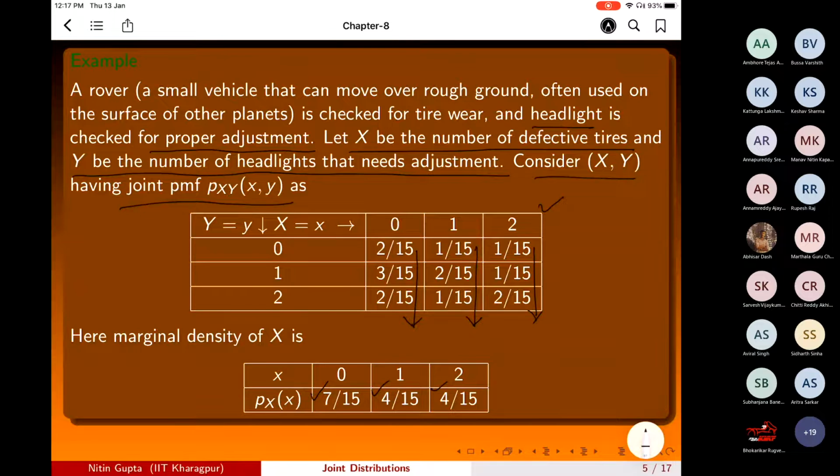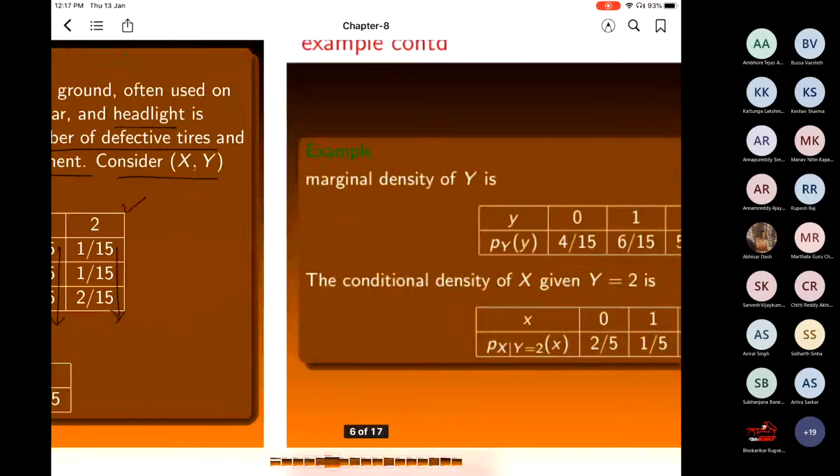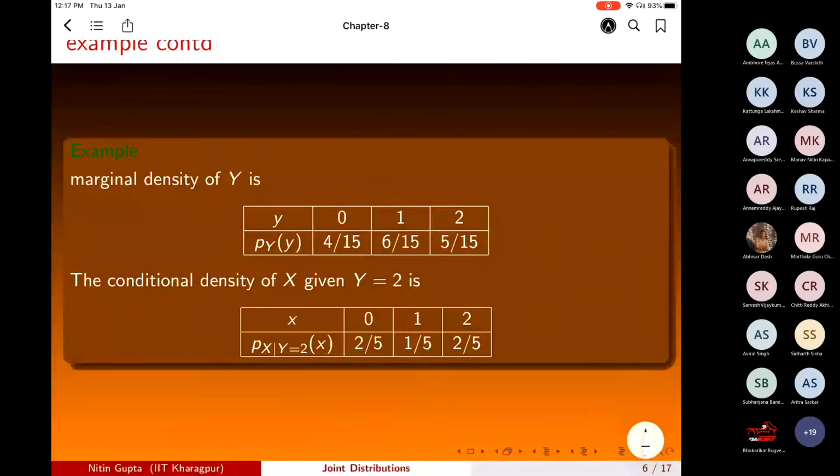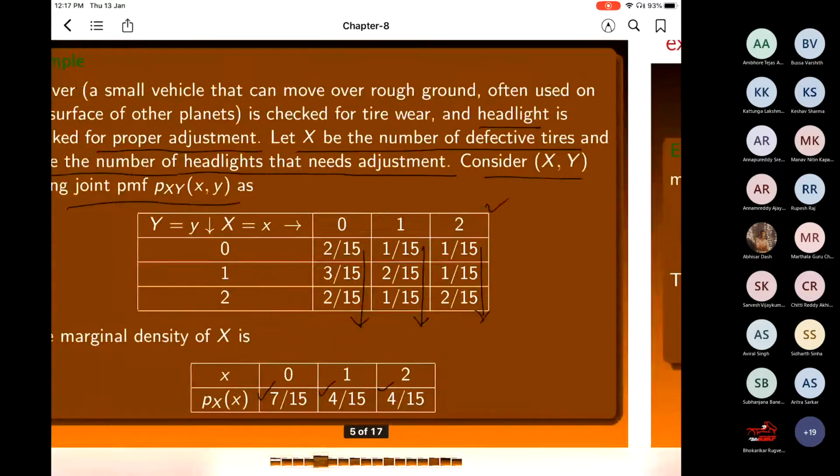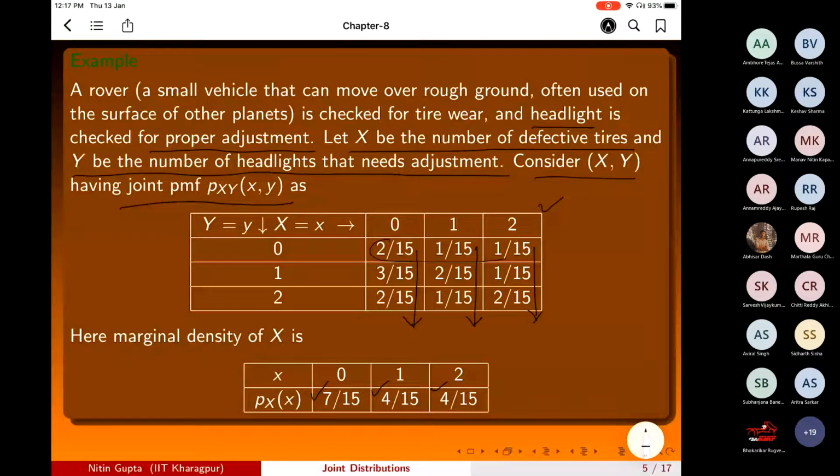So this is the marginal density of X. Now you can find the marginal density of Y also. So we sum over these values: 4/15 corresponding to Y equals 0, then sum over these values: 6/15 corresponding to 1, and then 5/15 corresponding to 2.